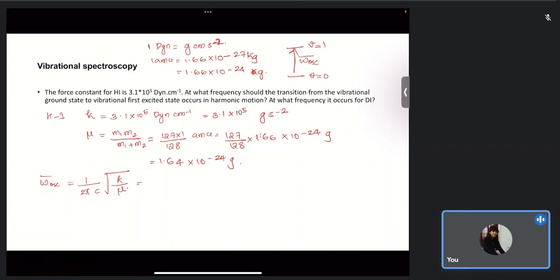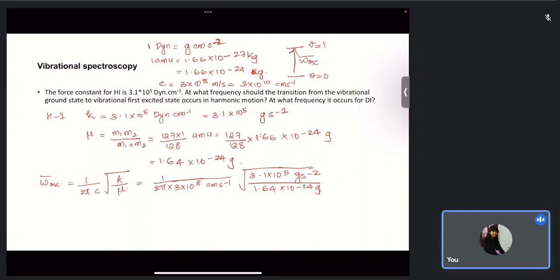So this is 1 by 2 pi into 3 into 10 to the power 8 centimeter second inverse. The value of c is 3 into 10 to the power 8 meter per second, which is the same as 3 into 10 to the power 10 centimeter second inverse, into root of k, which is 3.1 into 10 to the power 5 grams second inverse square, divided by 1.64 into 10 to the power minus 24 grams.